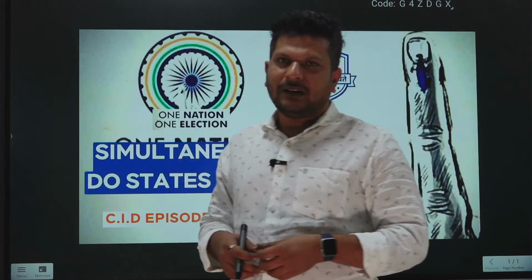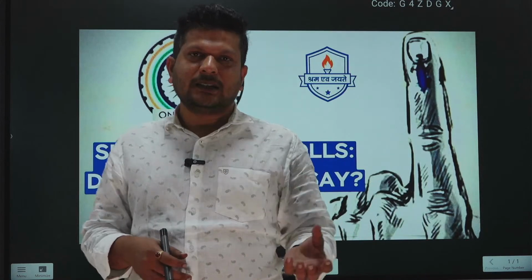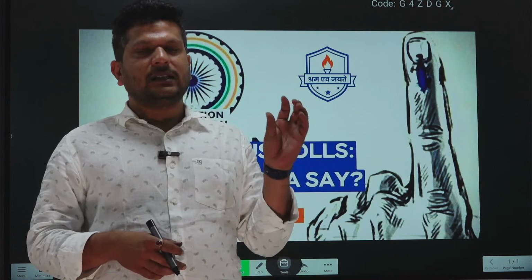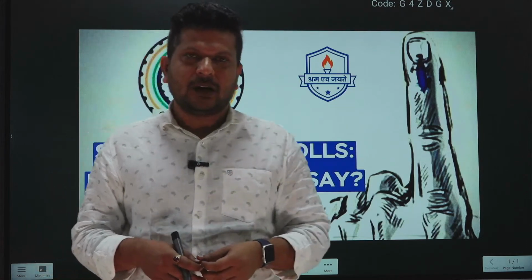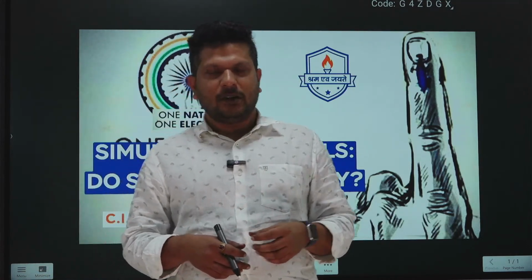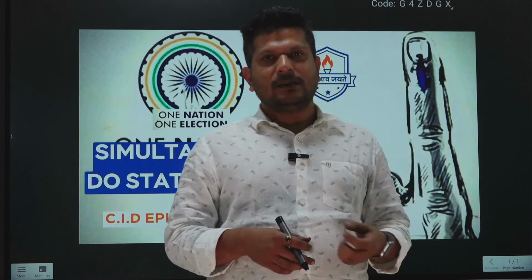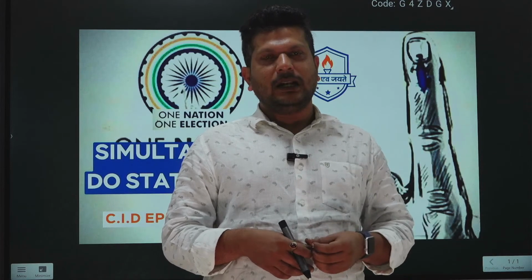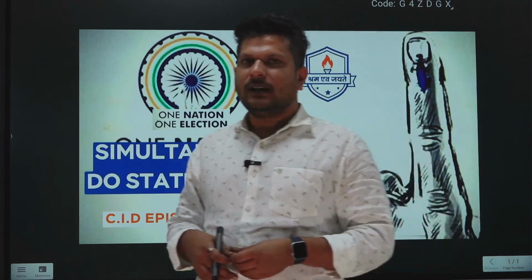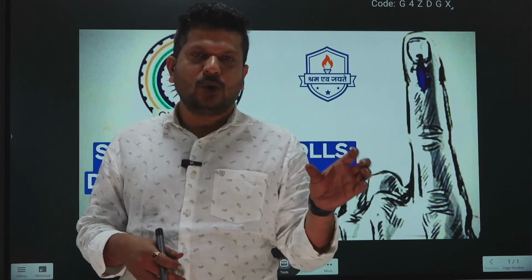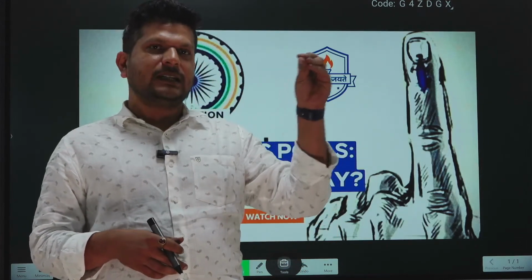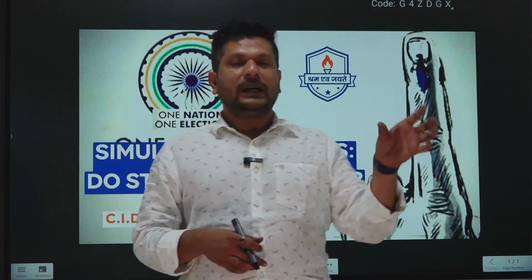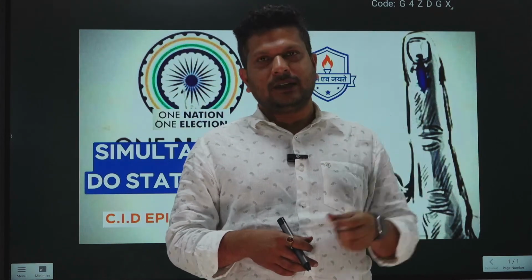On the other end, apart from expenditure, the second explanation given for simultaneous elections is the governance period which is getting wasted because of various elections. Whenever there are state legislative assembly elections of various states, and again Lok Sabha elections at the union level, during the 5 years the various elections at the state level and union level become a period where governance is getting affected.